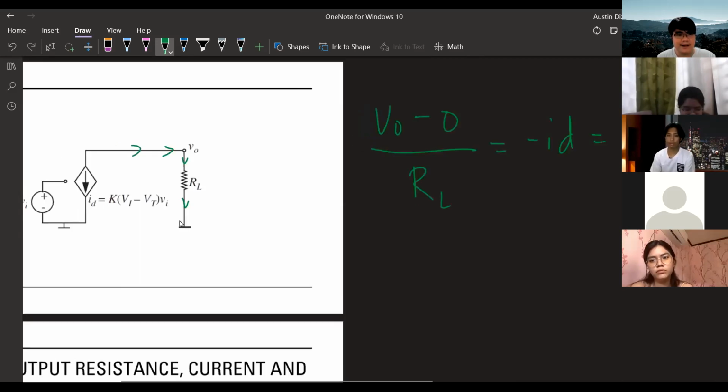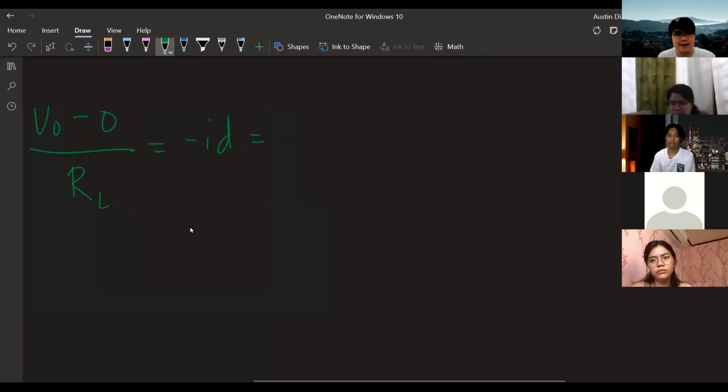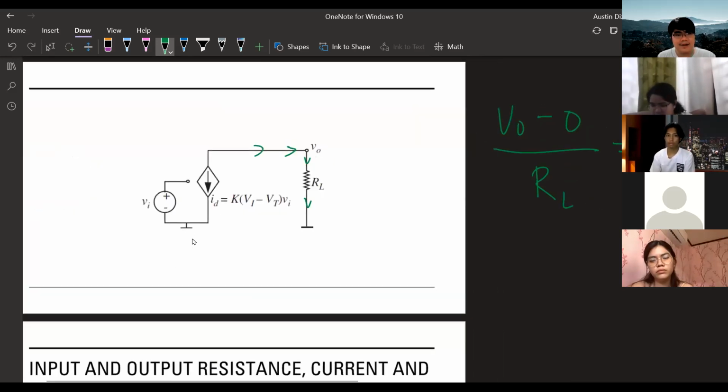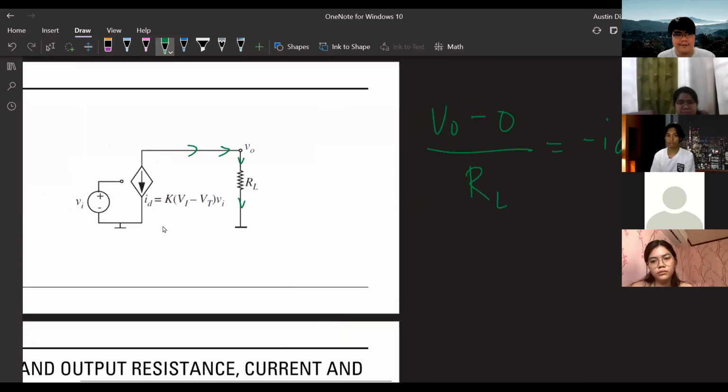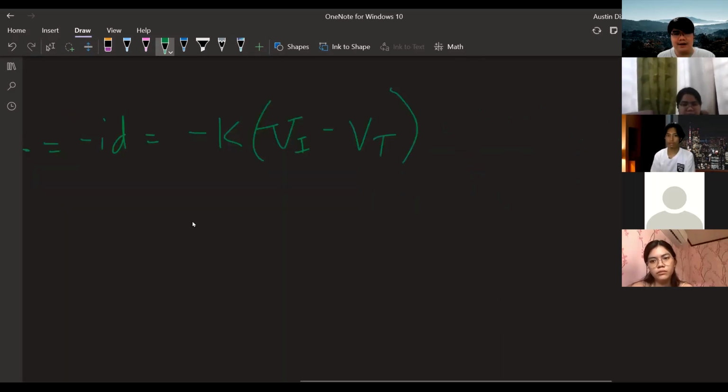Therefore, this is negative K times capital VI minus VT and then small VI.